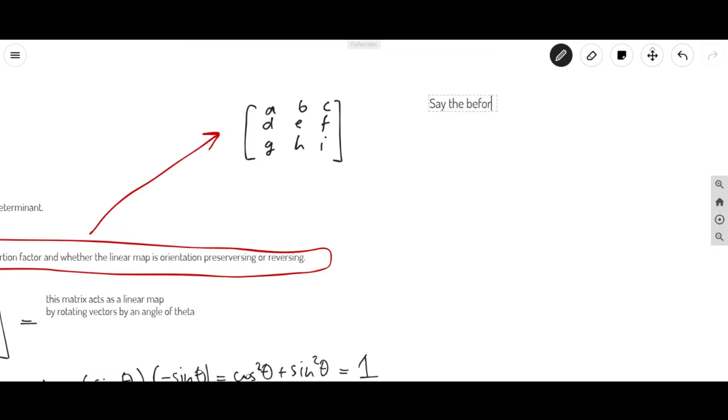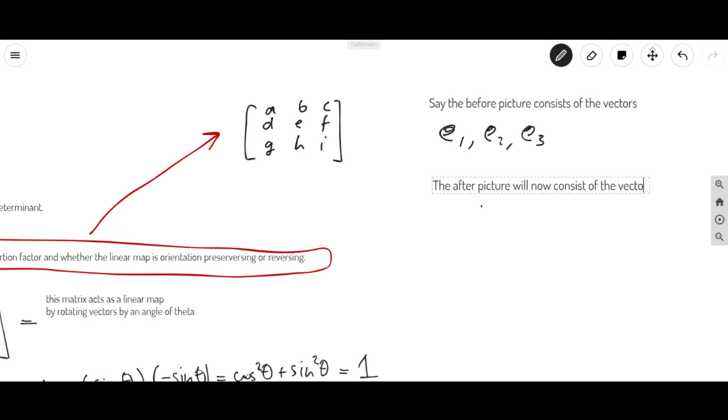So say the before picture consists of the vectors e1, e2, and e3. The after image, the after picture, will now consist of the vectors, so you have to apply this matrix.